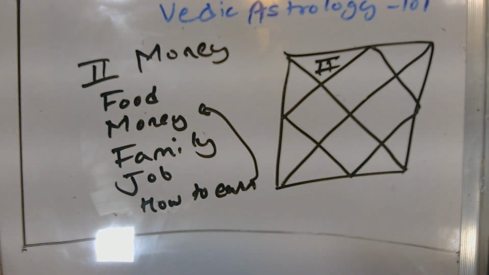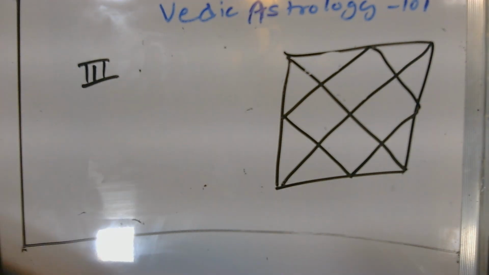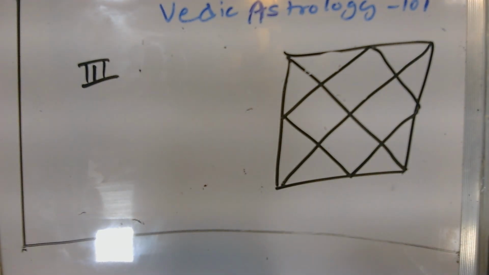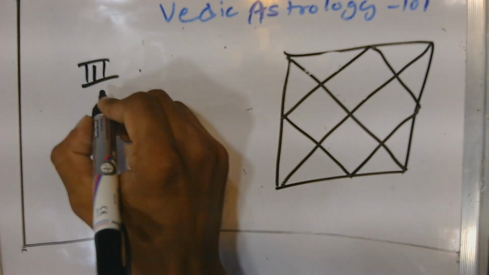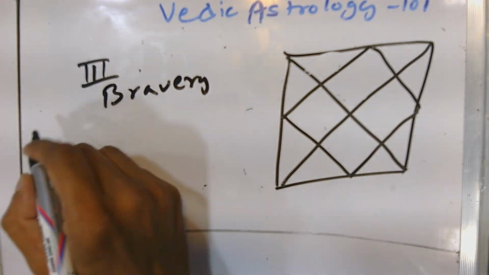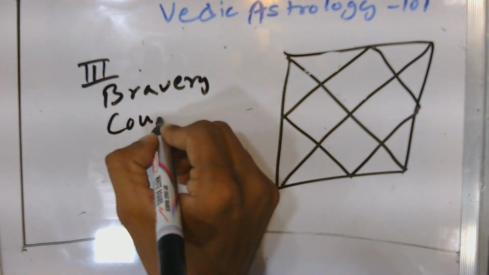Now we'll look into the third house. The third house is telling you about, in Hindi, it is telling you about your Bahubal. Bahubal in English, it roughly translates into your bravery or your courage.